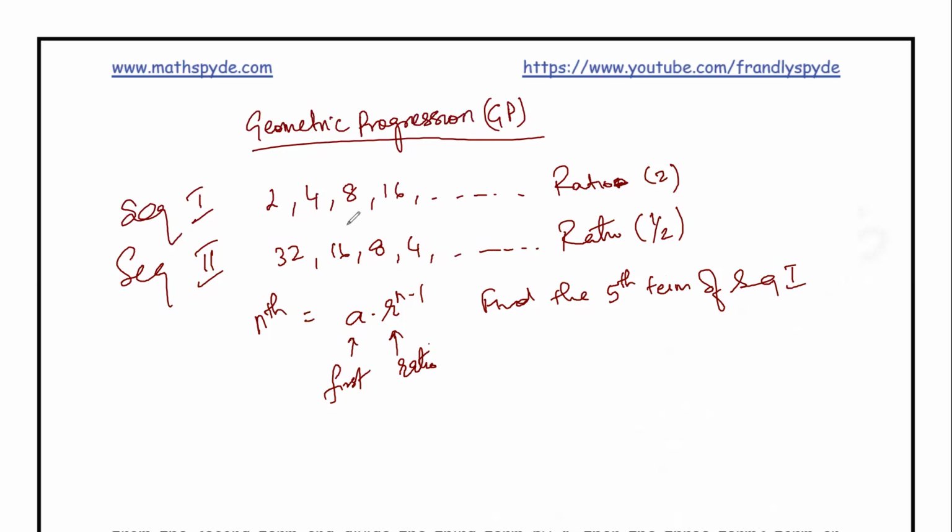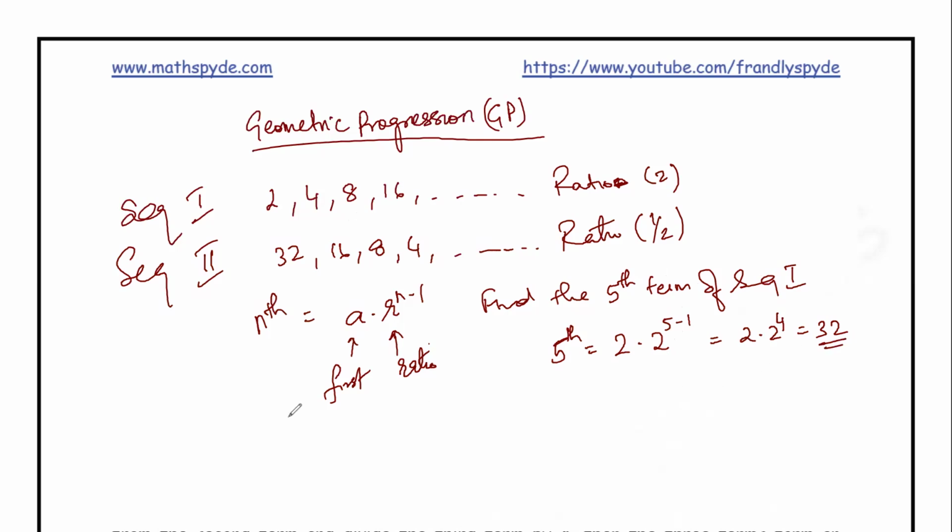So we already know the fifth term is 32. So we'll just use the formula. So the fifth term, n is 5, a is the first term, ratio is 2 raised to 5 minus 1. So that is 2 into 2 raised to 4, which is 2 into 16, 32.